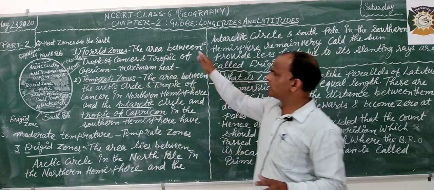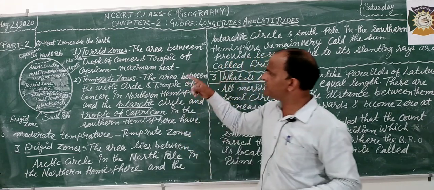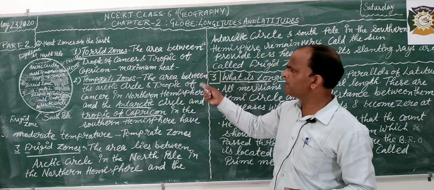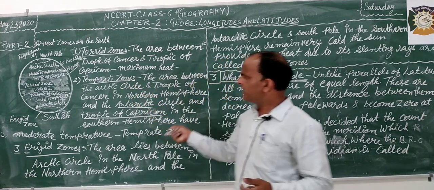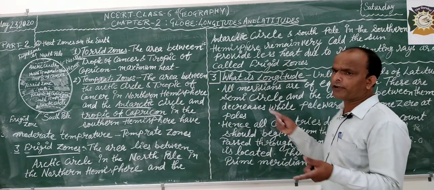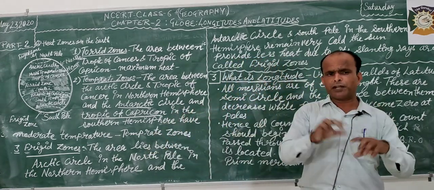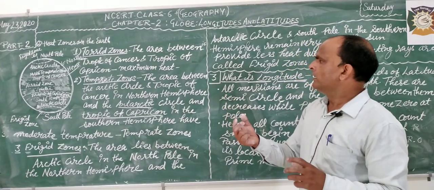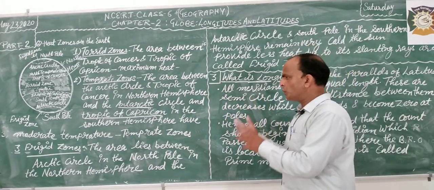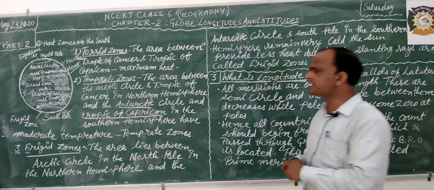So the first is the torrid zone, the second is the temperate zone, in the north between the Arctic Circle and Tropic of Cancer, and in the south between the Tropic of Capricorn and Antarctic Circle. Now we come to the third zone, the frigid zone.